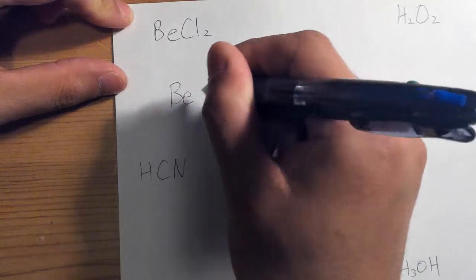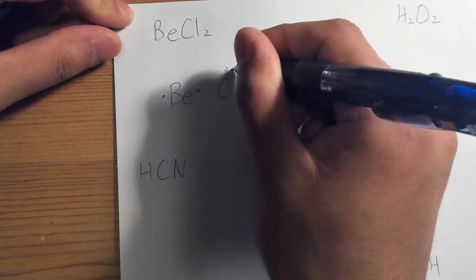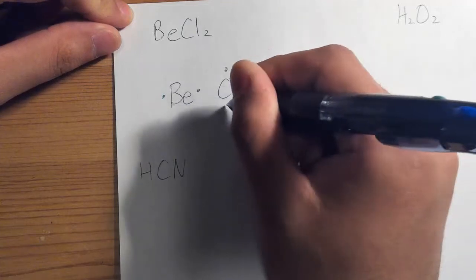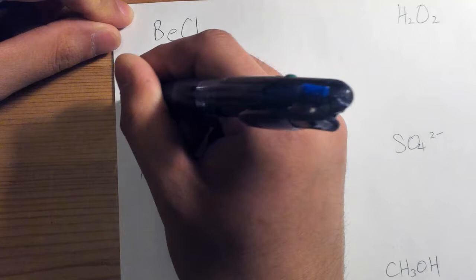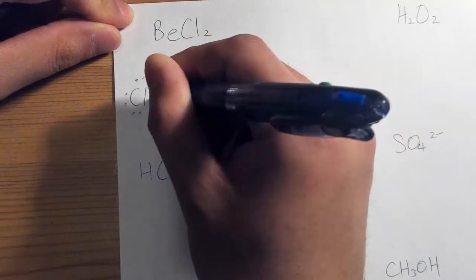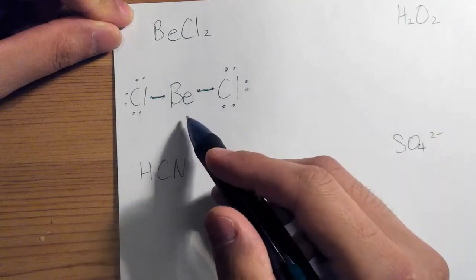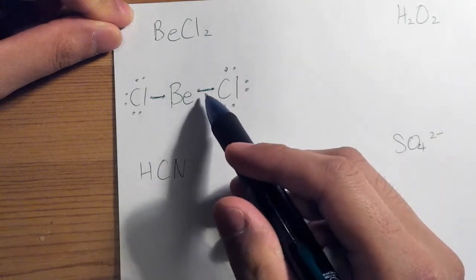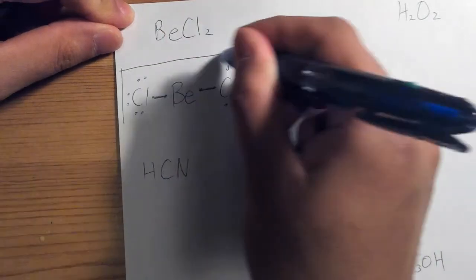Be has 2 valence electrons, and Cl has 7. All right. This is probably from the previous page too, but you probably know what the answer is. So I'll just draw it out. So this is your structure. Beryllium has 4 valence electrons, so 1, 2, 3, 4. Perfect. So this fulfills the octet rule.